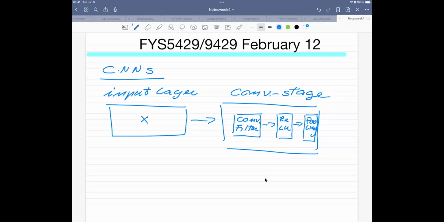Many of these deep convolutional neural networks have many such convolution stages. And the type of filters you apply depends very much on the type of problem you have. In this course, we're simply going to use the predefined ones, which you have in libraries like PyTorch and TensorFlow. But for many of you in your own research, it may actually be of more interest to tailor a filter to a specific problem.